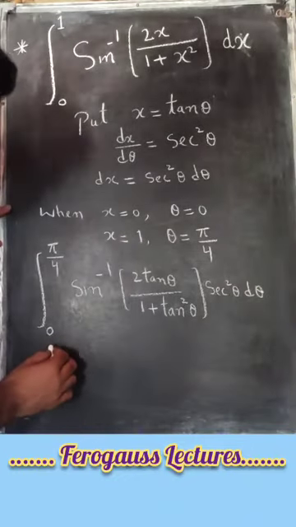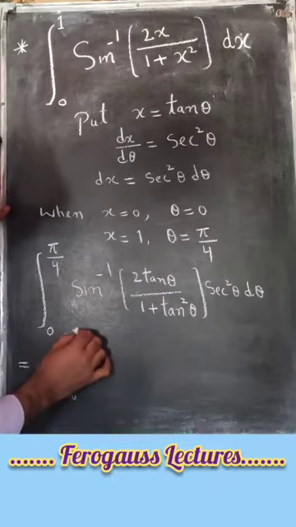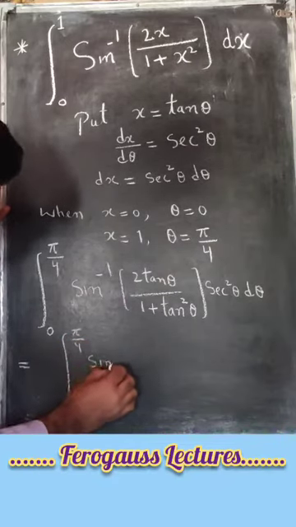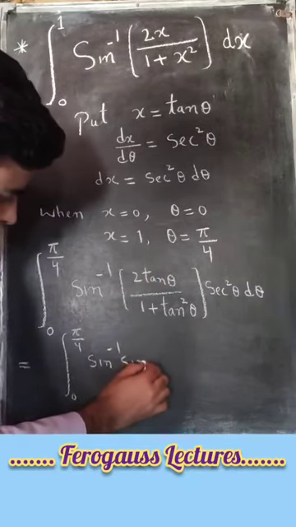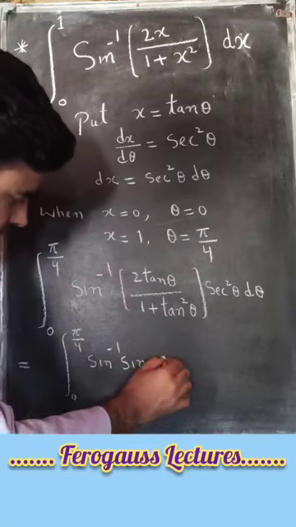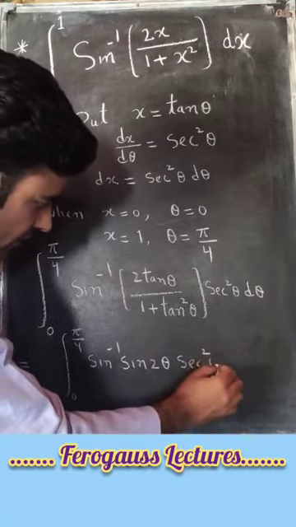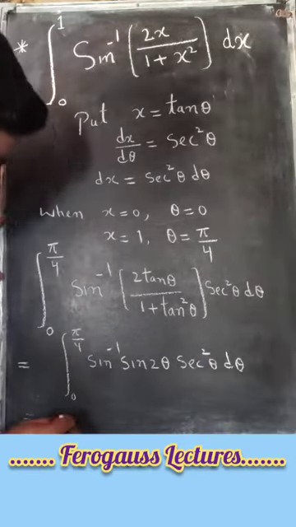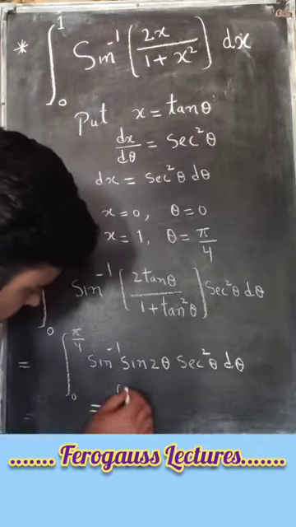Or that is equal to integral 0 to pi by 4 sine inverse, this is equal to sine of 2 theta, and then we have secant square theta d theta, or that is further equal to, it is 0 to pi by 4.